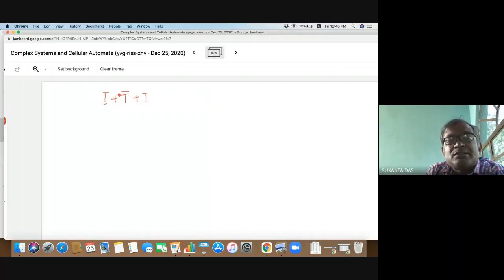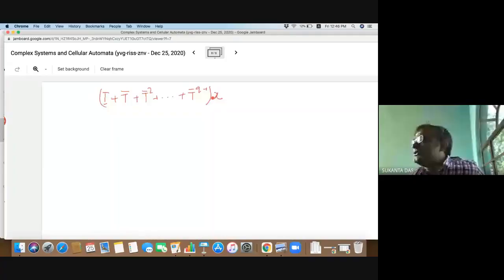So actually this means XOR, to the power Q minus 1, T bar Q minus 1 X. Find it out and see what we can get out of this.